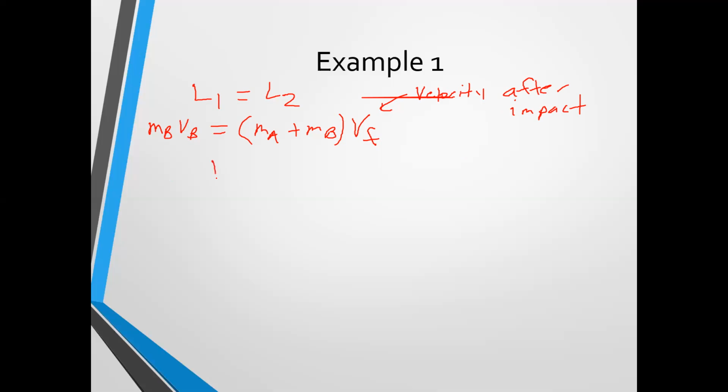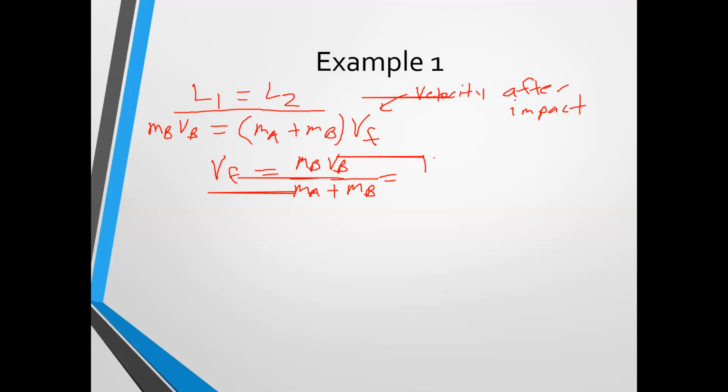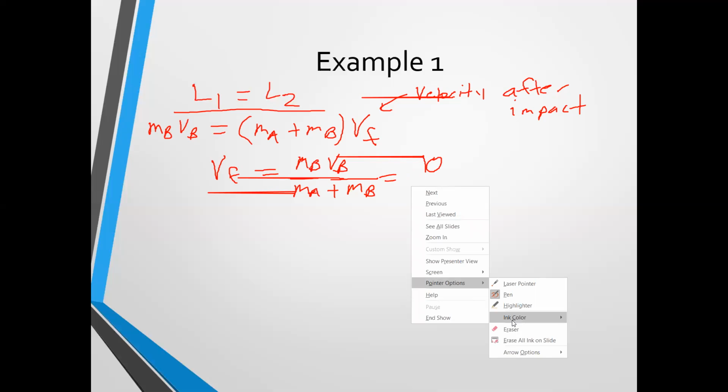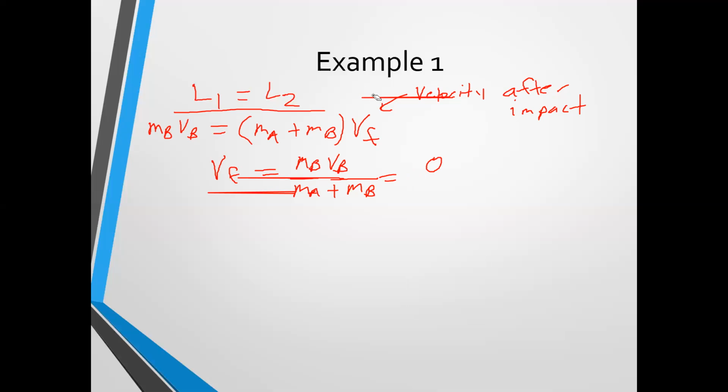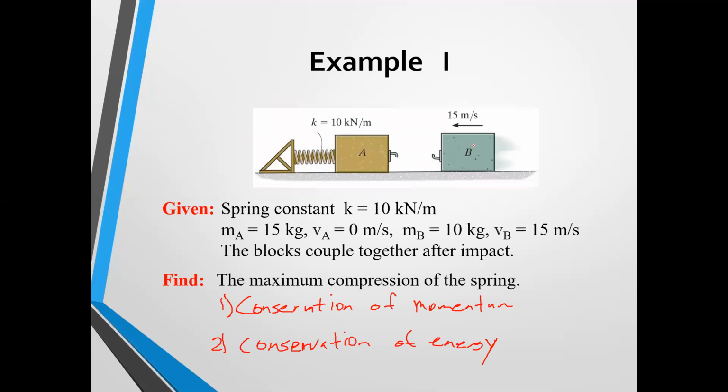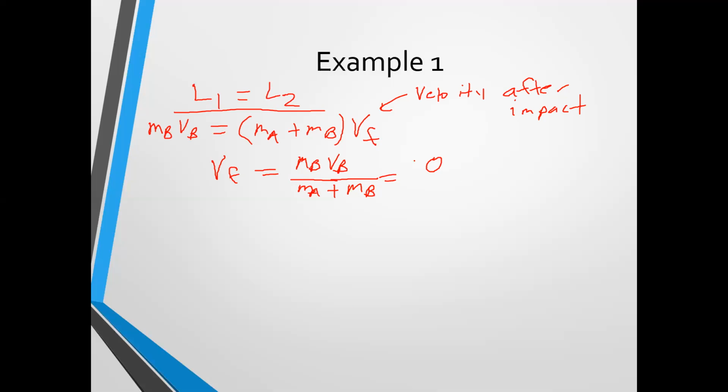So rearranging this a little bit, we'll say VF becomes mass B times velocity B over mass A plus mass B. Plugging in our values for each of those, we know that mass B, we said, is 10 kilograms. Mass A is 15, so we'll put those two masses in here.